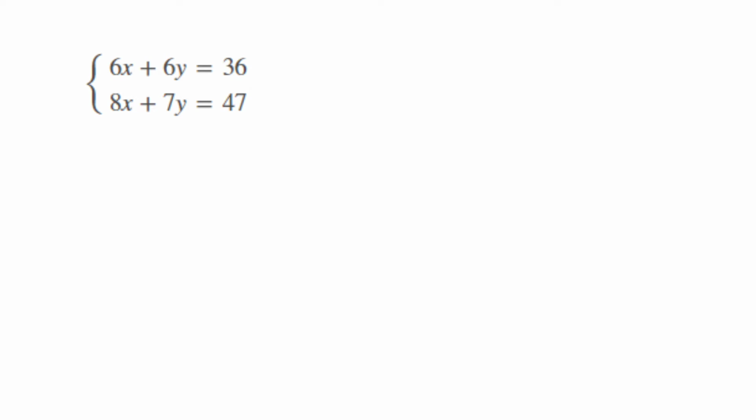All right, so this one is a little messier looking up front. If you look at it, we've got 6s and 8s and 6s and 7s. And I know from doing elimination in lesson 9.1 that I could take this times 4 to get a 24 and this times 3 to get a 24, make one of them a negative, and I could eliminate it.